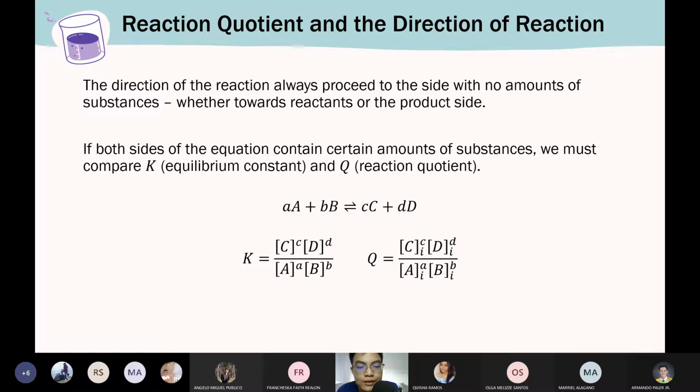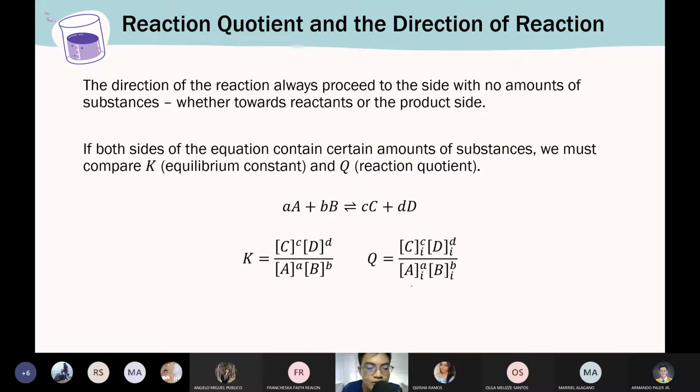Q is a reaction quotient. Basically, it's just a version of K, however the concentrations of your substances are in the initial state. So the Q is the initial, and the K is the final. That's why I represented the Q here with a subscript i.